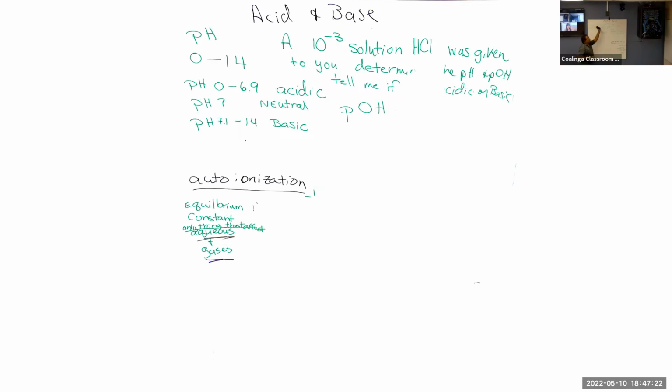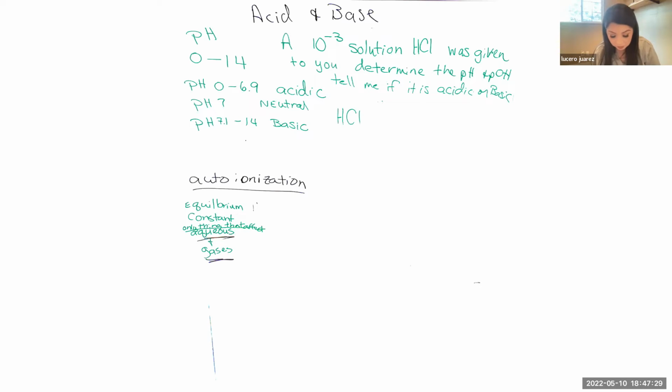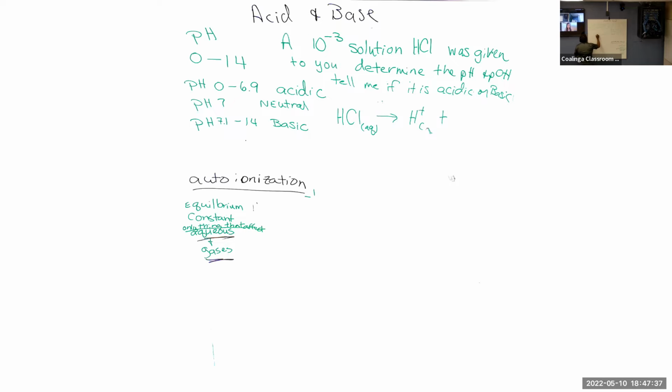What is our reaction here? So we have HCl. What does HCl break down to? H plus and Cl negative. Okay, is that OH? Oh. Okay, so what do you have now?